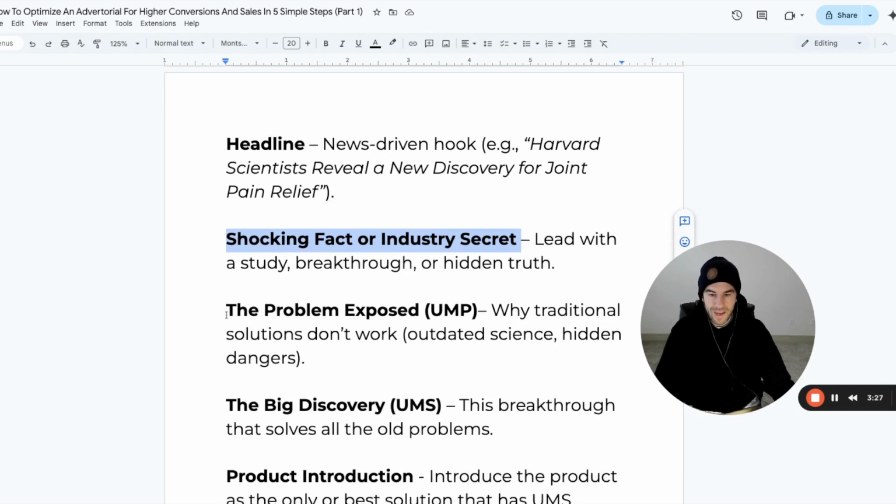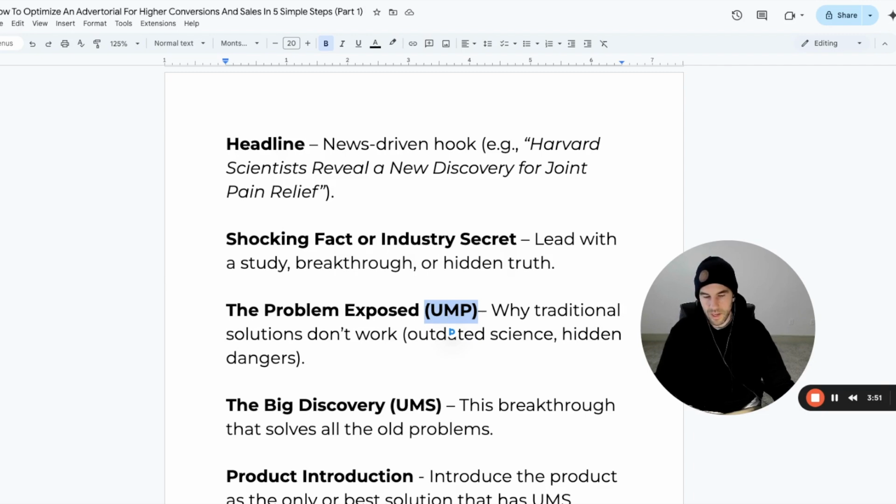Then we're going to get into the problem exposed: why traditional solutions don't work, outdated science, hidden dangers. We're also going to use that to really set up the unique mechanism of the problem, where these traditional solutions don't work, the outdated science, the hidden dangers, really come down to this one thing that is actually why nobody can get results in this area.